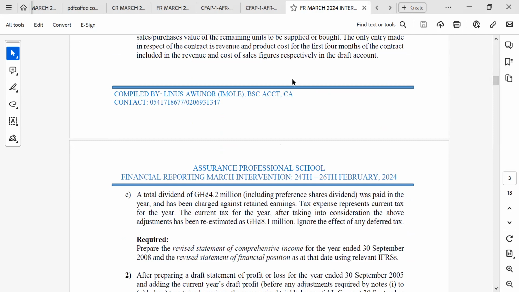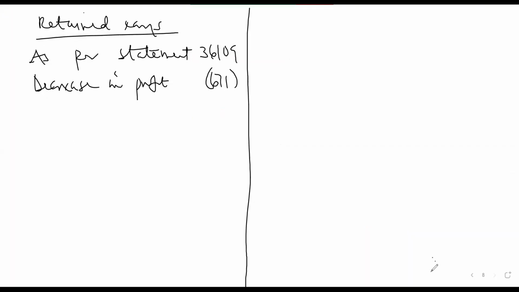Ordinary dividend. Ordinary shareholder. Okay, ordinary dividends. So it means that they have taken the preference dividend from this, which should not be taken. So we come and add the preference dividend back. So the dividend that they should take should be only 2770, but they have taken 4200. So we come and add this one back. What will be the difference?